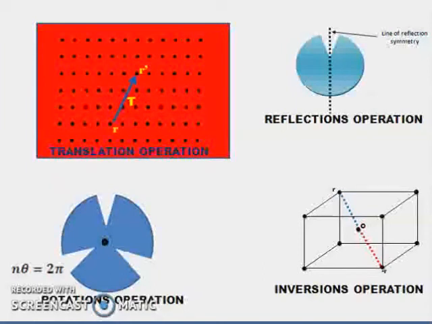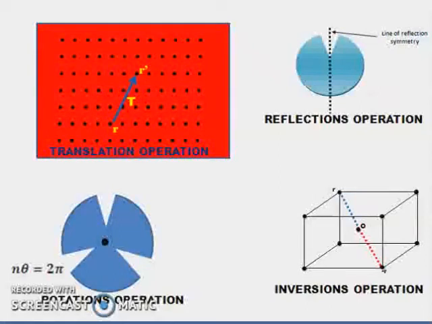Okay, so here R goes to R dash, and the equation here is R dash equals R plus T. That is called translational operation T, or translational symmetry operation. Then in the reflection, we consider the notched circle.